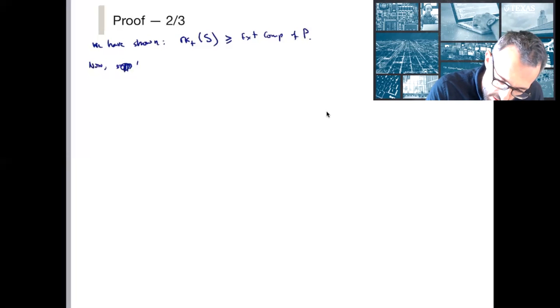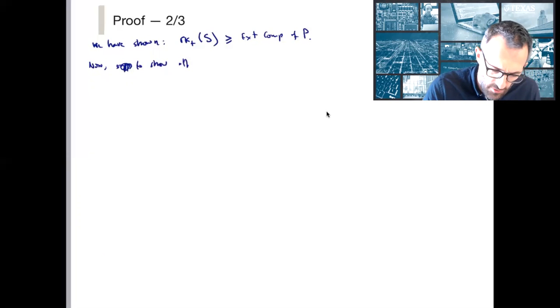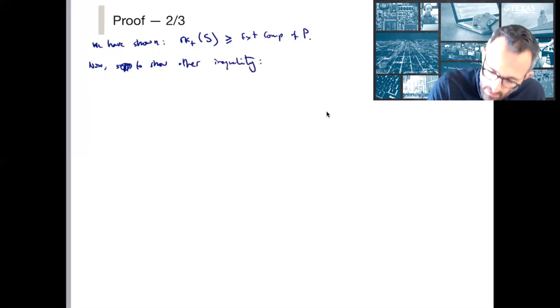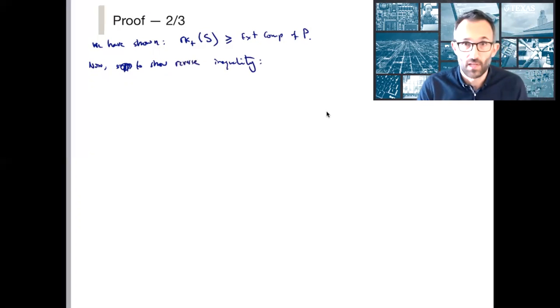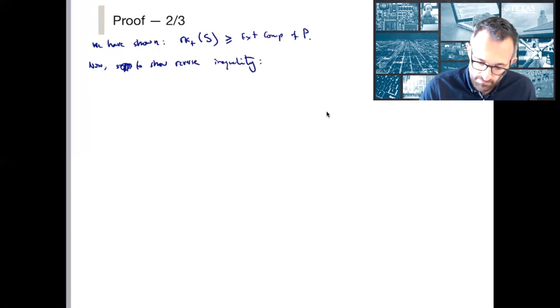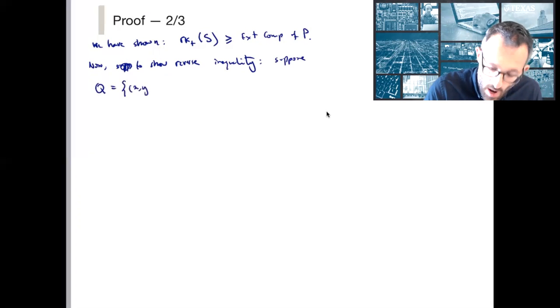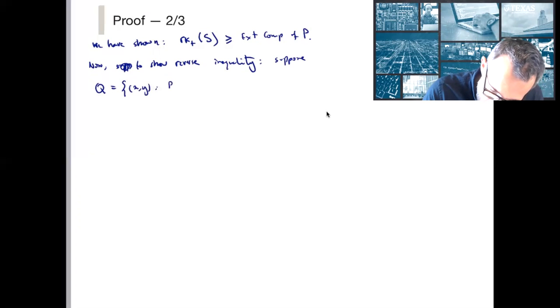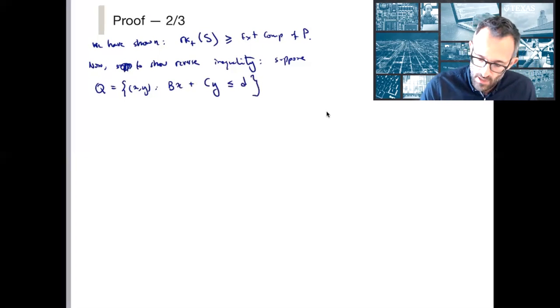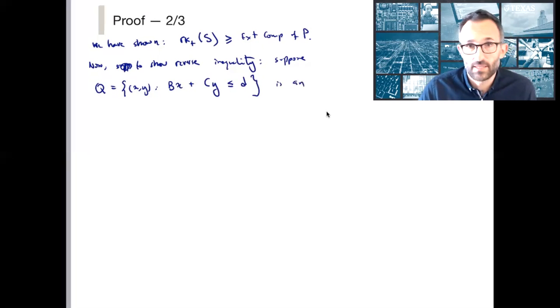Now, to show the reverse inequality, let's suppose that we have an extended formulation. Suppose Q, which is equal to xy such that bx plus cy is less than d, is an extended formulation.